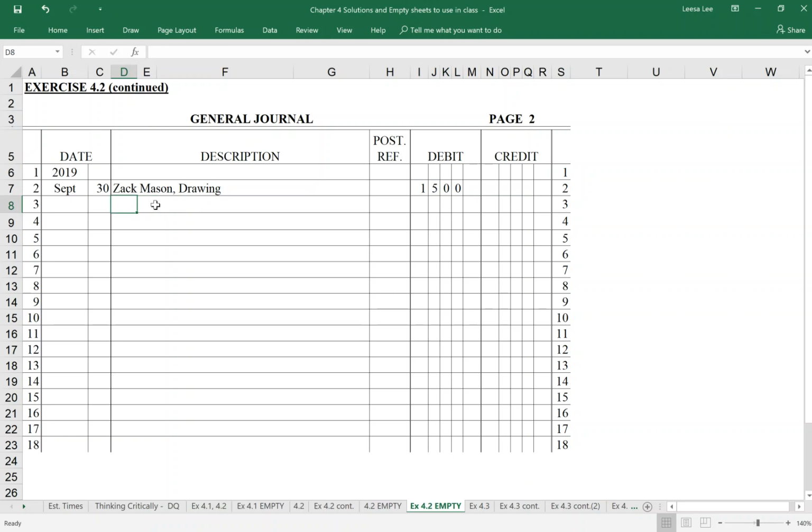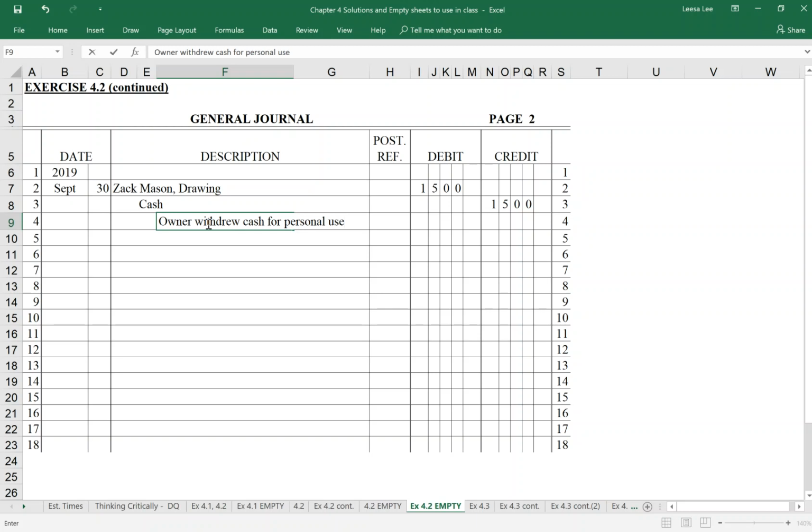Reducing our cash. Oops, I need to indent that. And a notation. Owner withdrew cash for personal use.